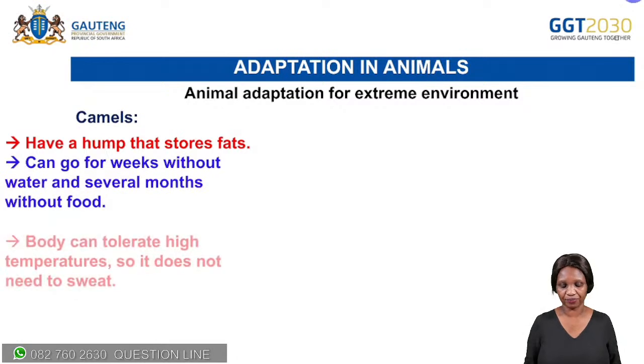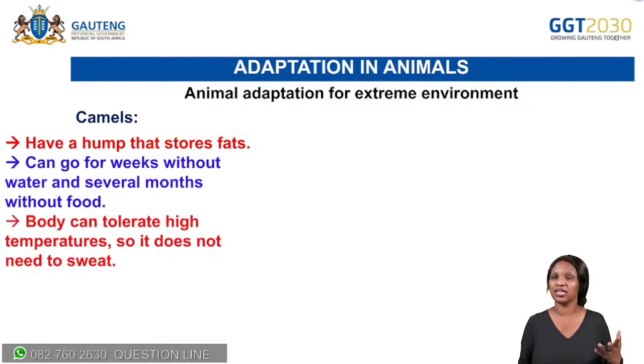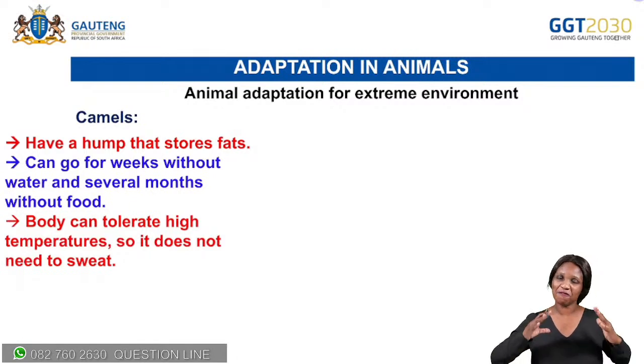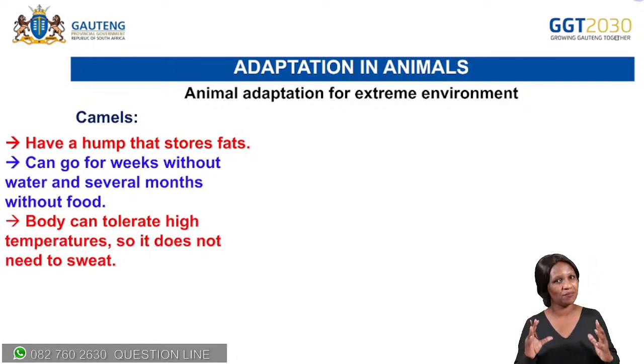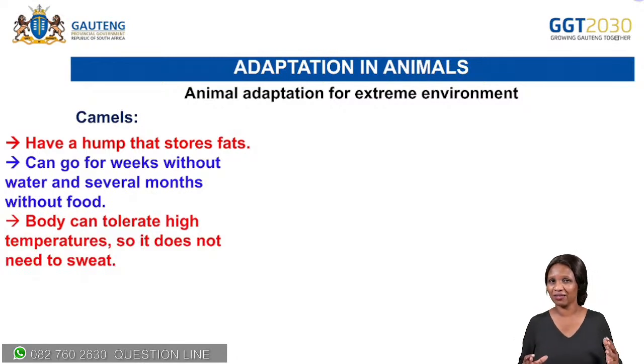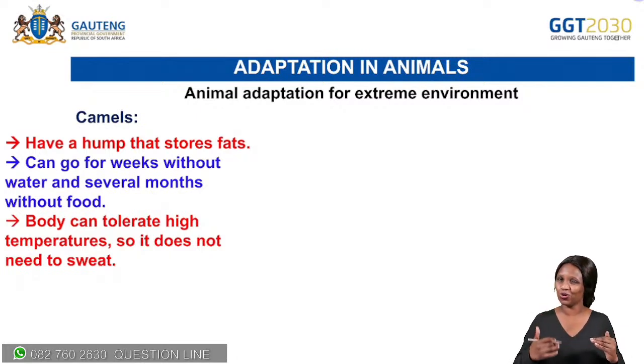And then their bodies can tolerate high temperatures because they've adapted to an extreme environment. Remember, the weather in a desert is very hot during the day and it reaches freezing point during the night. Therefore, the camels adapt or change to survive in that environment.